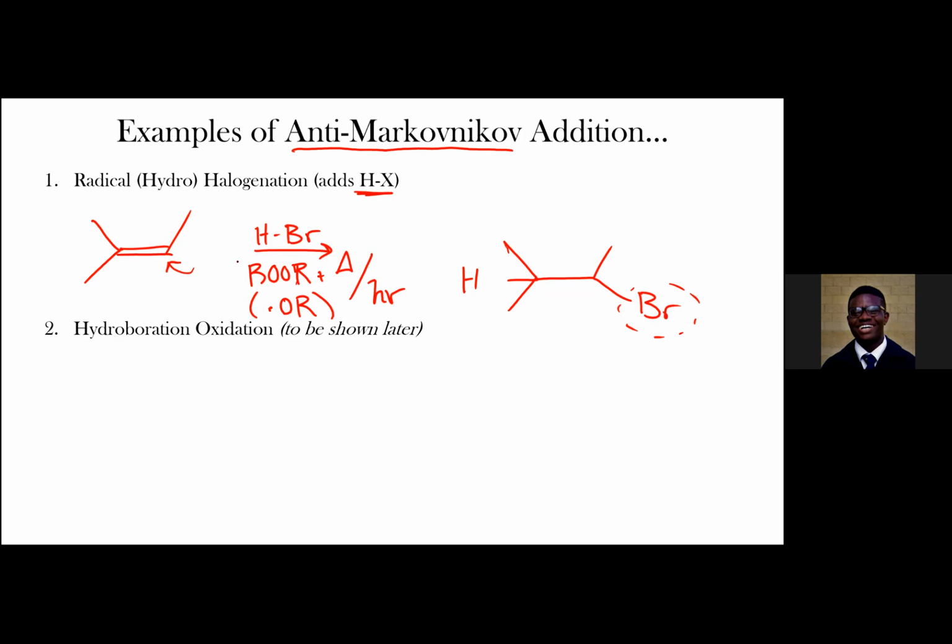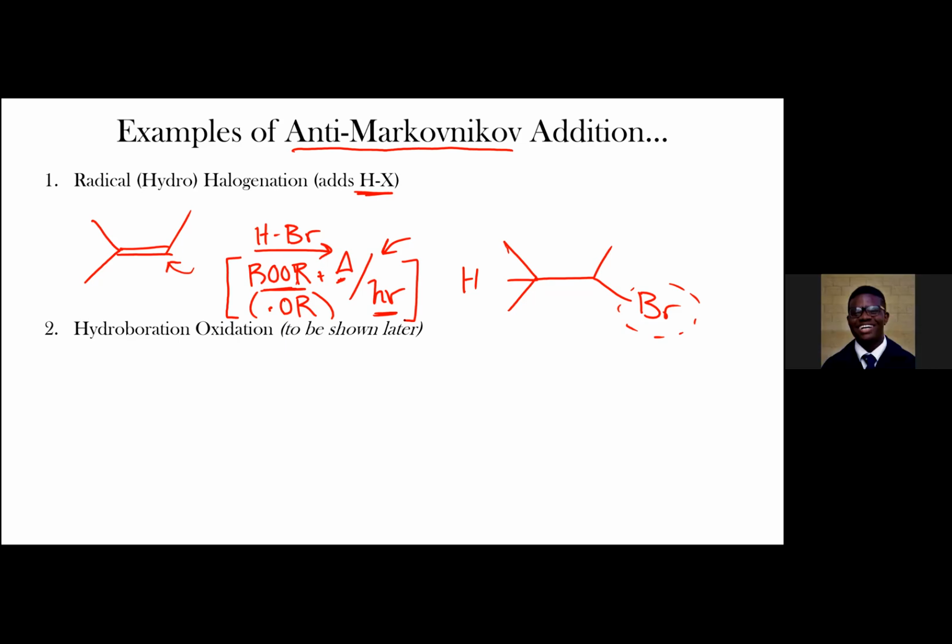The important thing about the way the reaction works is that it's using these peroxides, ROOR, in the presence of heat, which is here, or light. Does that answer your question? Yes, thank you. Okay, awesome.